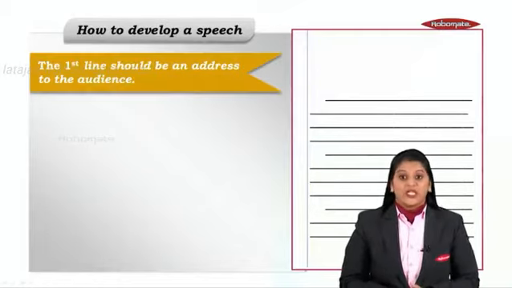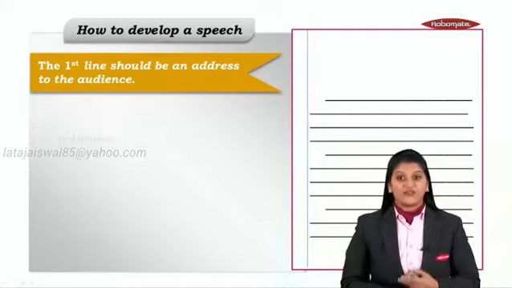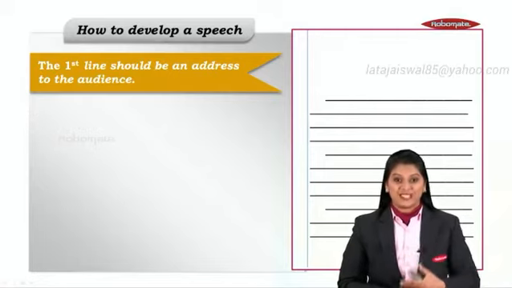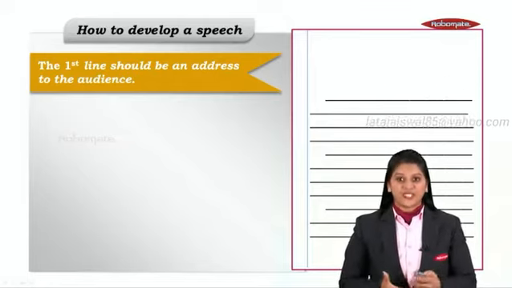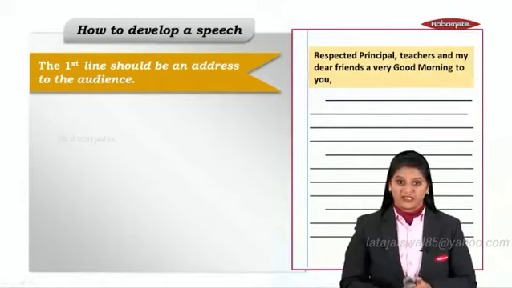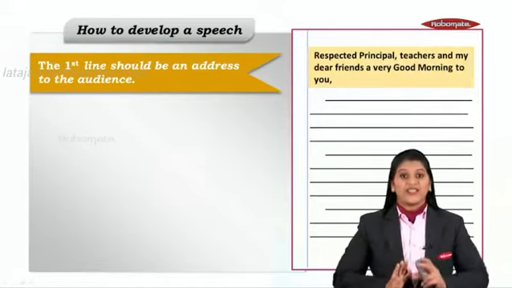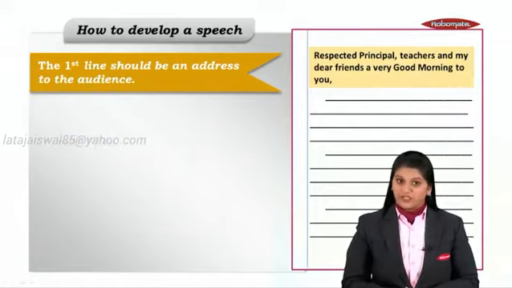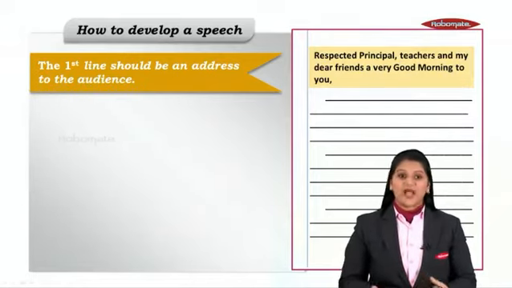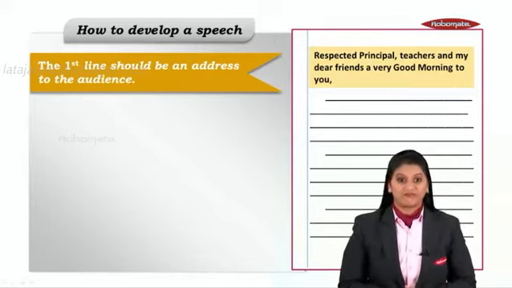Now, the first line of your speech is an address to the audience. That means you're going to talk to the audience, greet them, start a conversation with them. So this line is very important. Never forget it. This address to the audience could be, respected principal, teachers, and my dear friends, a very good morning to you.